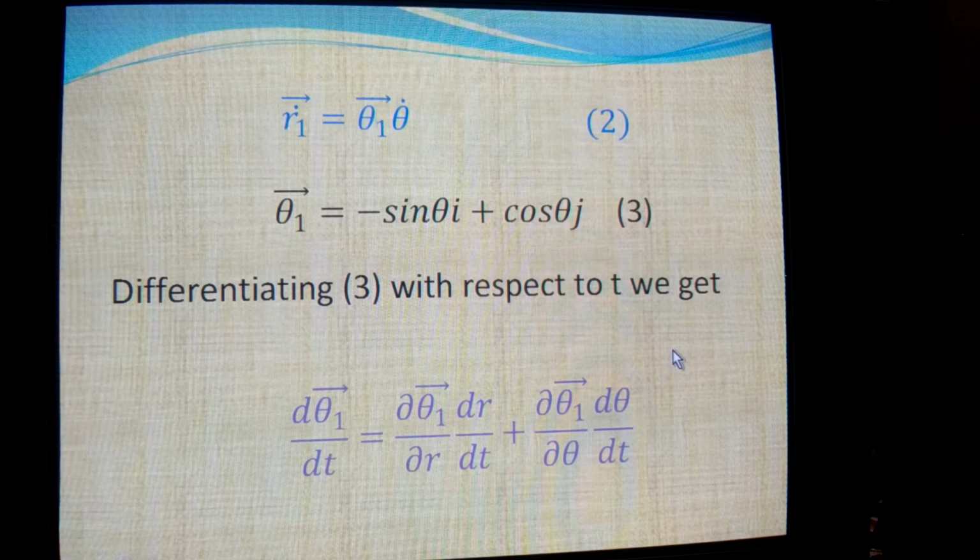Now first we find dou theta 1 bar by dou r. Theta 1 bar does not contain r, so the first term becomes 0. So dou theta 1 bar by dou r is 0, and this complete term is 0. Next, theta 1 bar is a function of theta, so differentiating with respect to theta gives minus cos theta i minus sin theta j.